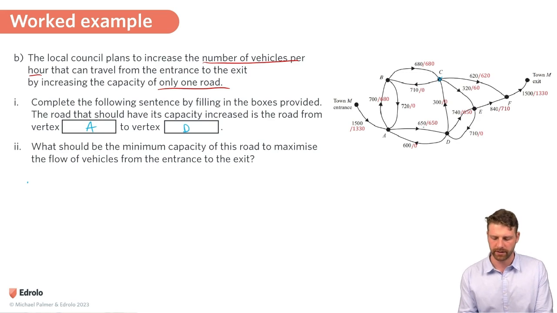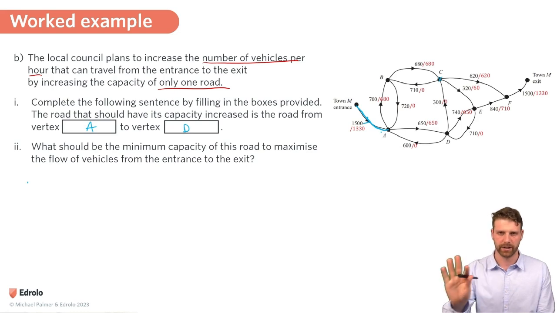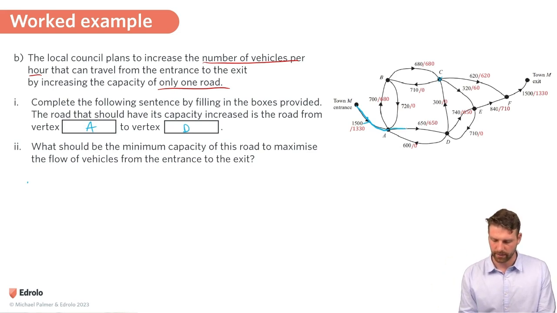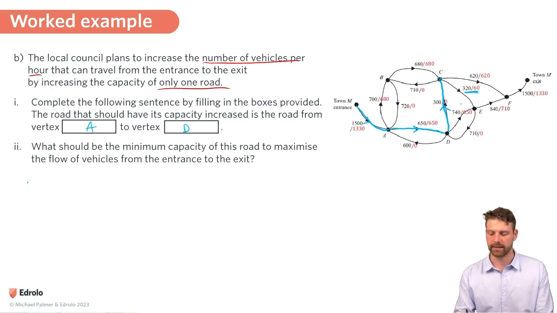Right, so I've got to figure out how much I can send through. So I've definitely decided I'm going to send vehicles through AD, and I'm just going to think about the paths I could send them through. So I'm ignoring that top path because that's sorted. I'm not going to change anything happening there. I'm going to change this. And so where can I push my vehicles? I can push them through D, and I can send some up there, and then I've got plenty of space to send them through CE.